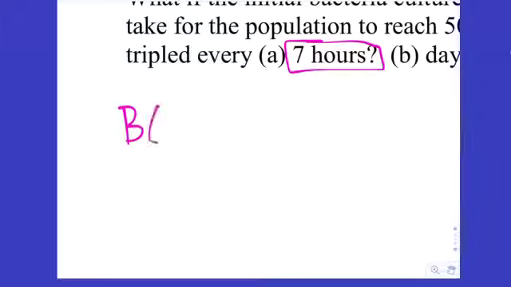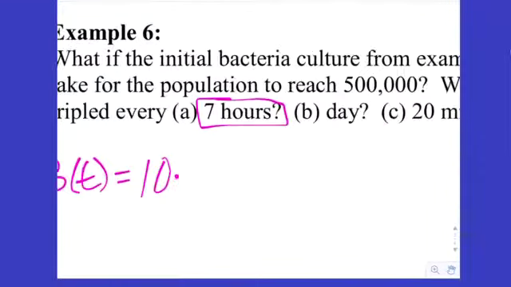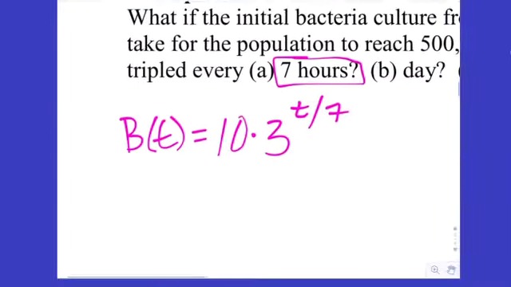Well, let's see. B of t would be the same. We're still starting with the initial 10. It's still tripling, so the base or the growth factor is still 3. But if it's going to triple every 7 hours, what would be the new exponent? Thank you. T divided by 7, right? T divided by 7. Perfect.